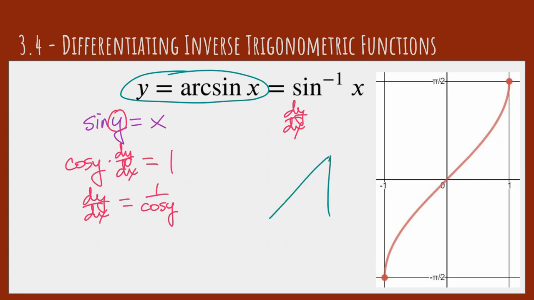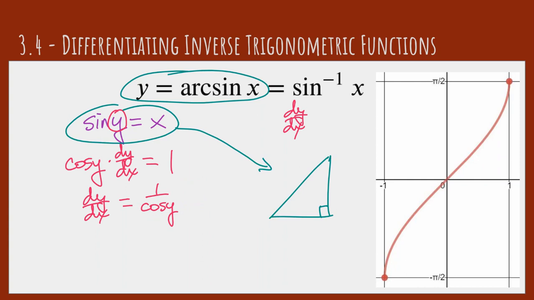So I'm going to use a triangle because remember, all of trigonometry is based on triangles, specifically right triangles. And so this expression right here gives us information that we can use to figure out what this triangle would look like.